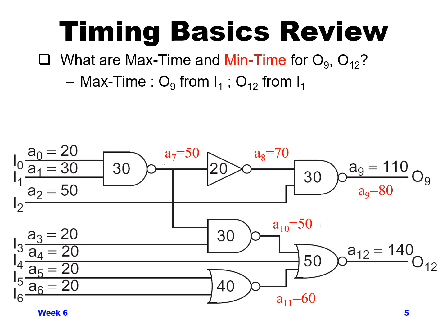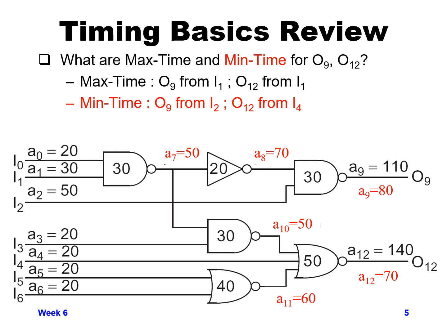The quickest of those is A sub 4 of 20. We add 50 to it, and we get our min time of 70. So you can see our min time for O9 is now coming from input I2, and the min time for O12 is coming from input I4.